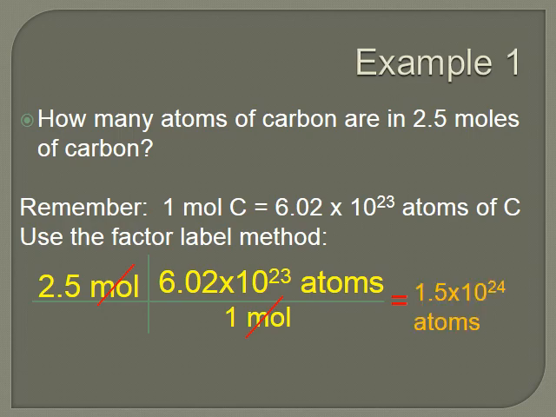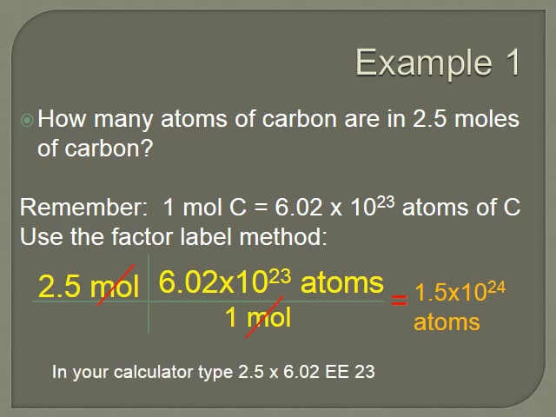And you should get 1.5 times 10 to the 24th atoms. Notice that we started with 2 sig figs, 2.5 moles, and we end with 2 sig figs, 1.5. But don't forget the times 10 to the 24th atoms. We're going to do this a lot, so don't worry.